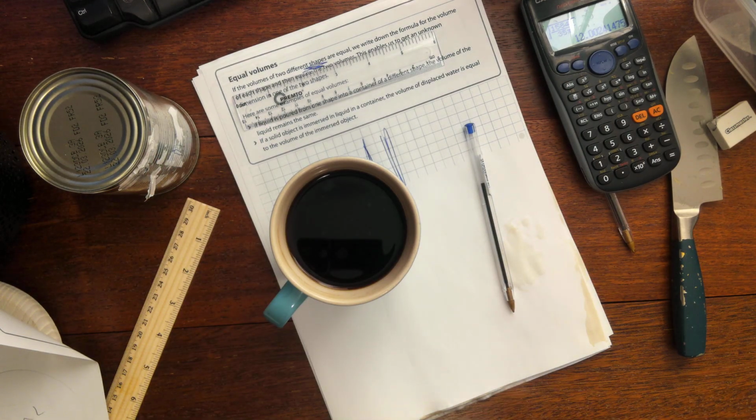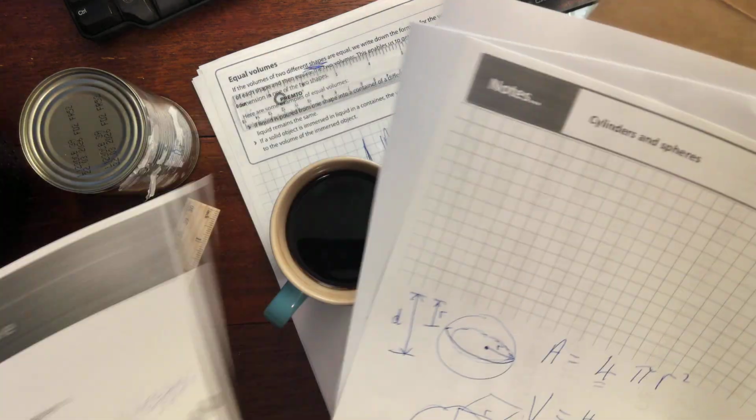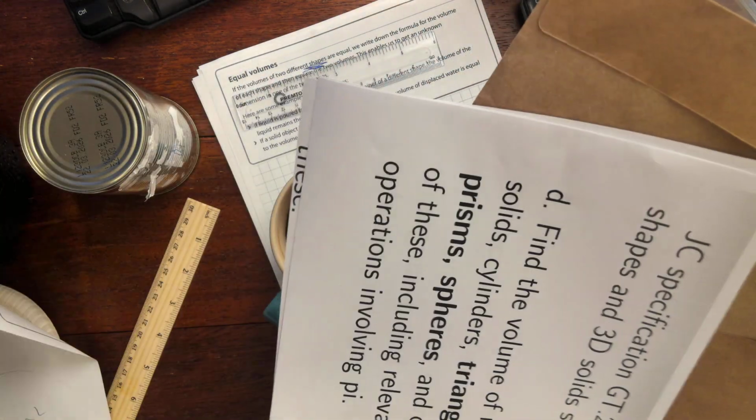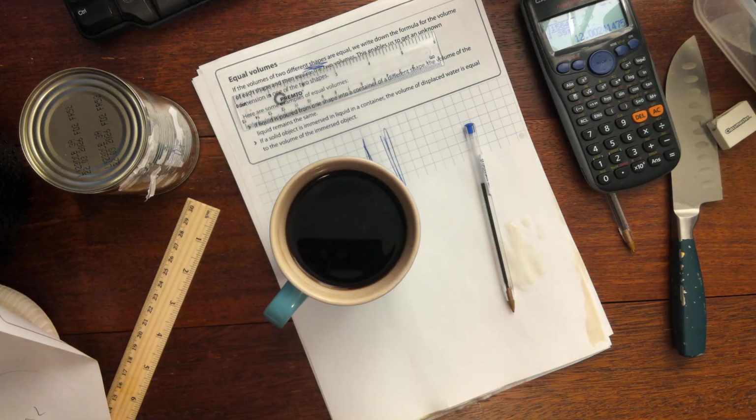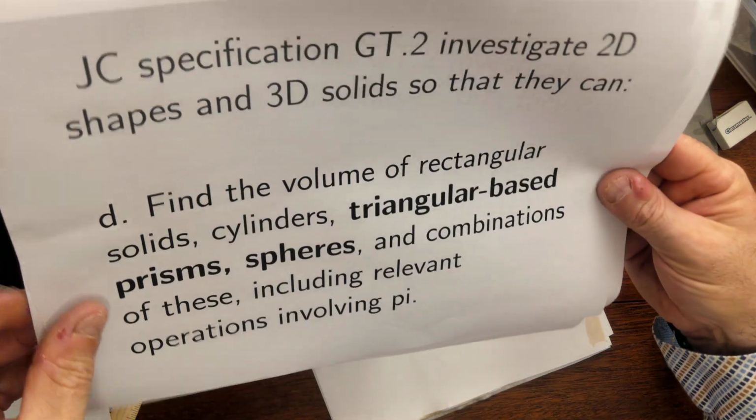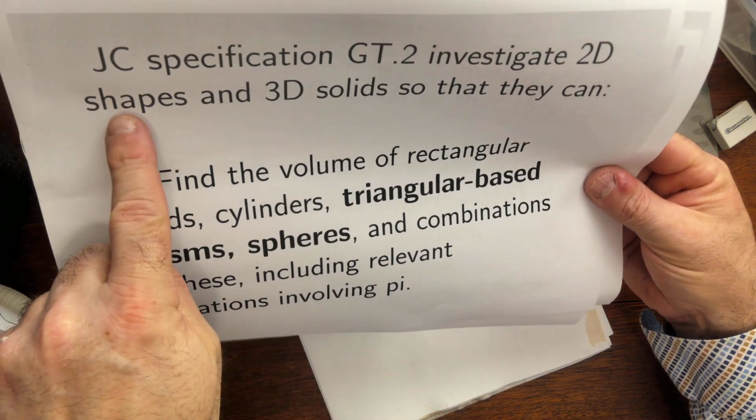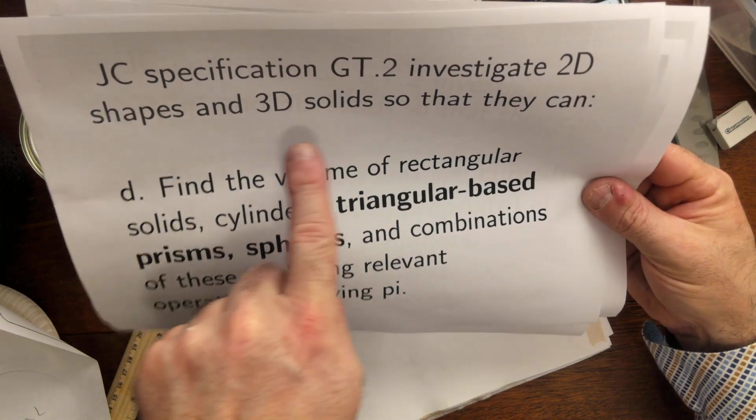On the specification, they use the word shape for 2D and solids for 3D.